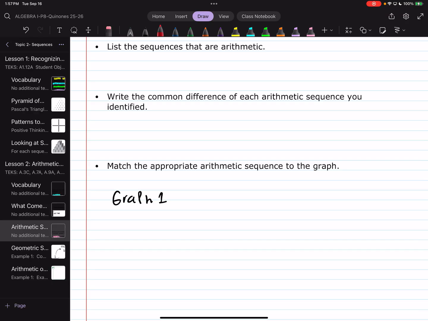Yes, I'm asking you to match graph 1 with the correct sequence. All right, Kira's group, which one matches with graph 1? We said sequence B. Class, do we agree? Yes? No? Are we saying that graph 1 matches sequence B, their behavior? I agree also. This is correct.